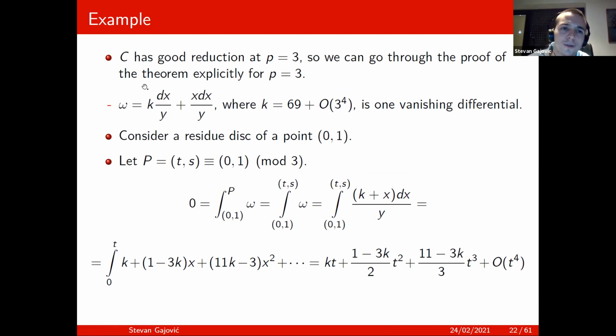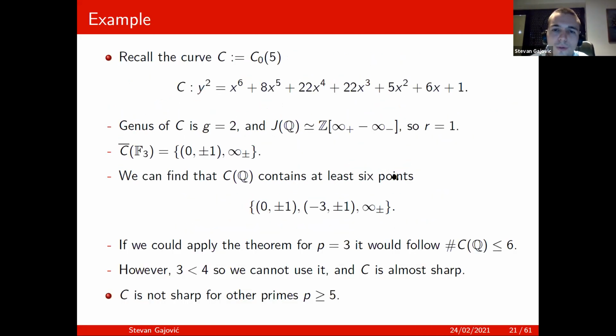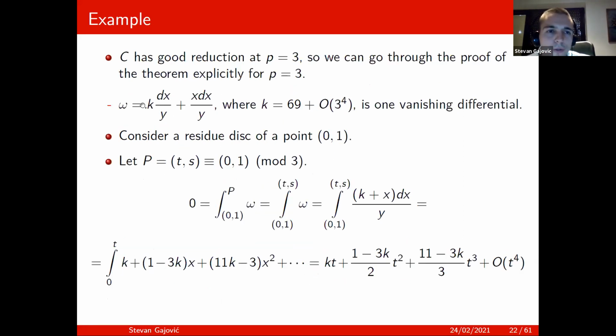This is k, so this differential will be vanishing, because if we integrate omega between the 2 infinities, we get 0. And then we use additivity: if we consider any other 2 points P and Q, then P minus Q is some number times the difference of the 2 infinities inside this Jacobian. So the integral from Q to P of omega will be 0. And this is how we obtain these vanishing differentials.